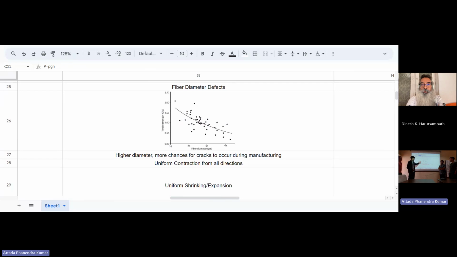So this is a real world graph compared to what would happen ideally. And when those cracks do occur, there's a higher chance to fail, basically because there's a higher diameter.